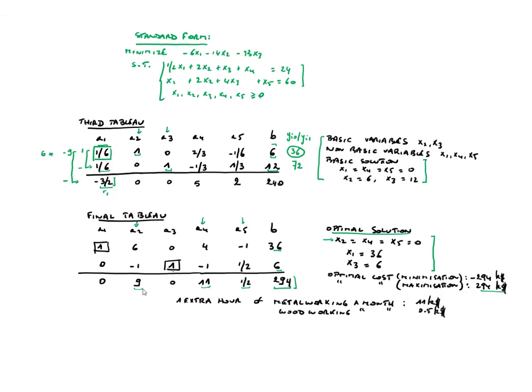You can also have a look at the R values associated to the slack variables, and these are called the shadow costs. So here the first shadow cost is R4 and the second one is R5, and we have seen previously that it can be seen as follows, and there is an interpretation that if you have an extra hour of metal working, it will generate here $11 extra in profit, whereas if you have an extra hour of wood working, it will only generate an extra profit of $0.5.